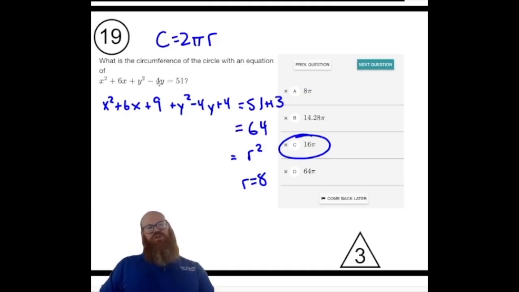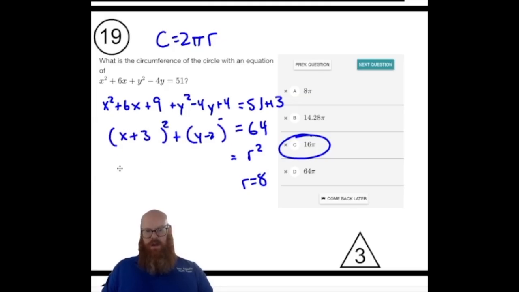But if that's troublesome for you, then just use Desmos and make sure you know how to plot a circle, which points to highlight, and how to find the diameter or the radius. Again, I'm ignoring this side, but just to go over the concept, this would be x plus 3 squared, and this would be y minus 2 squared, because the standard form of a circle is x minus h squared plus y minus k squared equals r squared.